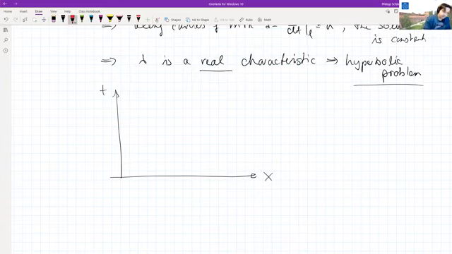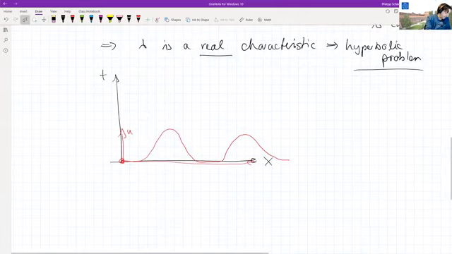At time 0, I plot inside this diagram my initial condition, which I can assume to be 2 humps. That would be my solution u at time 0.